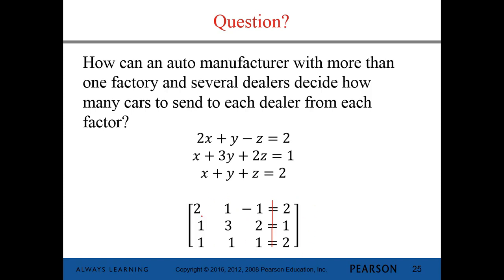We'll have three rows in this case of numbers which represent the coefficients. So we've got 2, 1, 1. And then we've got 1, 3, 1 right here. And we've got negative 1, 2, and 1. And then we've got the constants. And so then we can just look at this system of equations as a matrix of numbers.